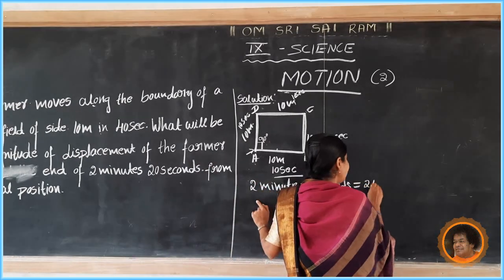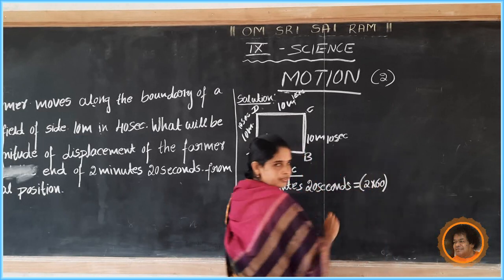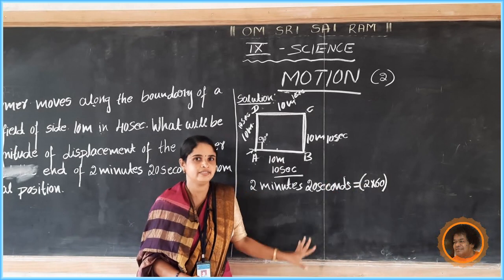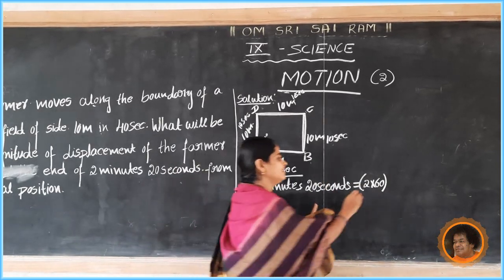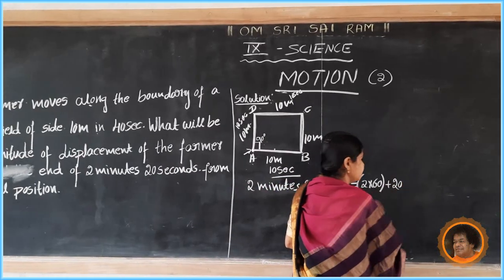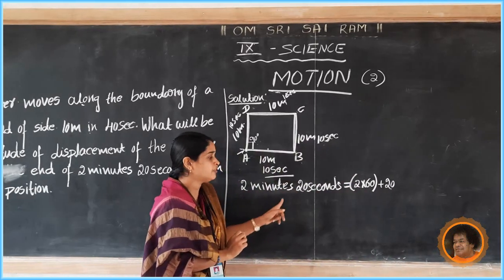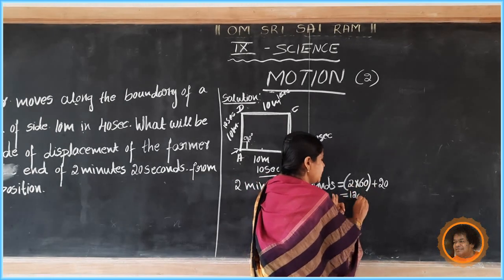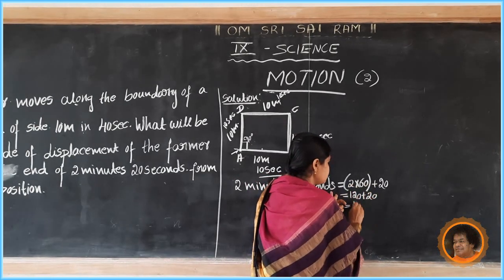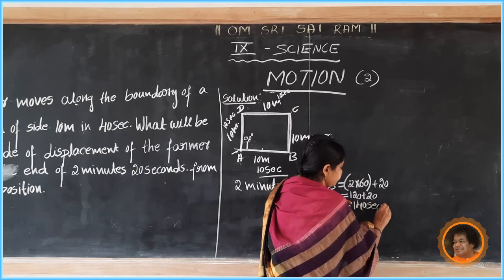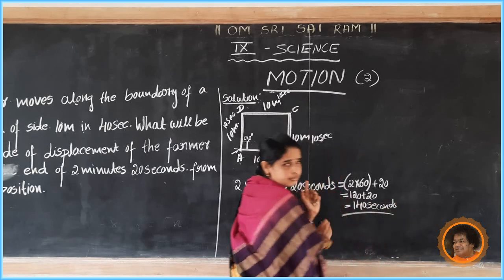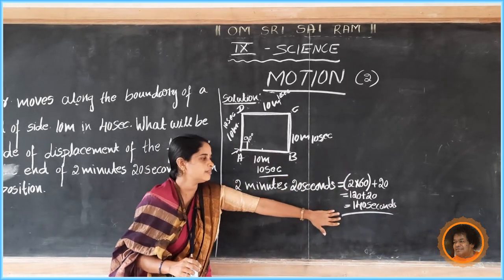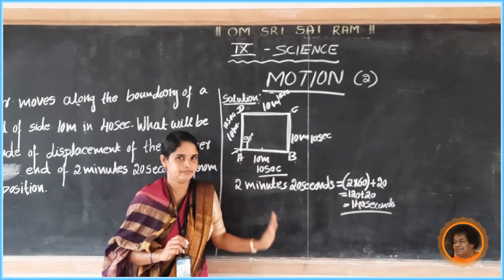So 2 minutes means 2 into 60, that is 120 seconds, plus 20 seconds. So 2 minutes 20 seconds equals 2 into 60, 120 plus 20, equals 140 seconds.